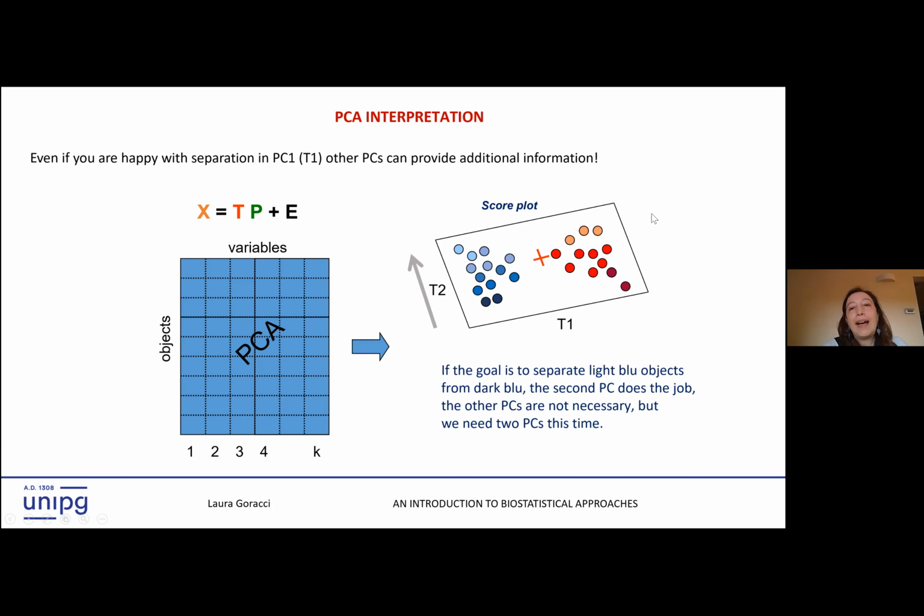But my suggestion is to go a little bit further and try to see what happens also in a second component, although what you search is here. Sometimes you can find a nice secondary effect in another principal component.